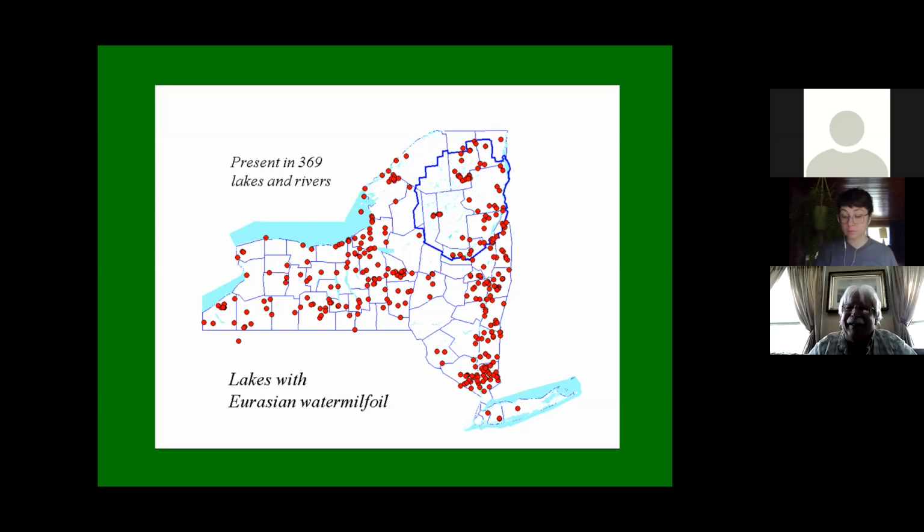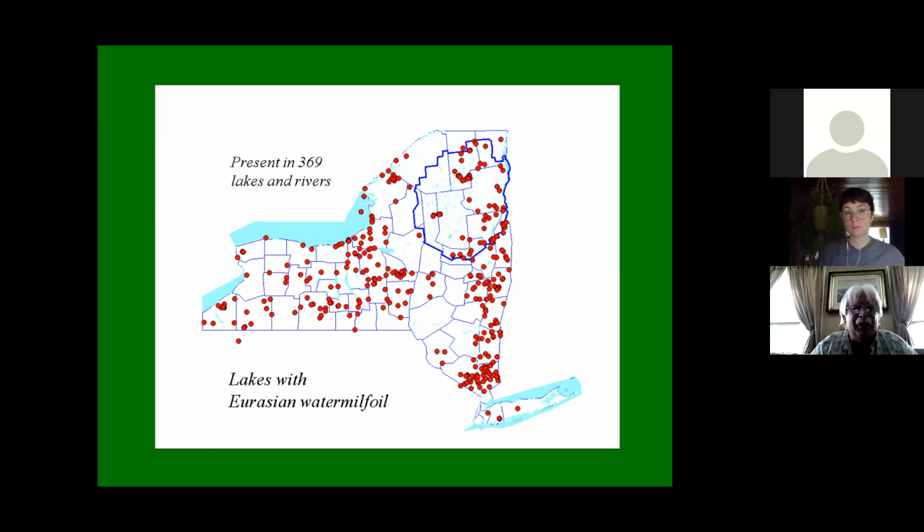To give you an idea of how extensive the distribution of this plant is, it's pretty much throughout New York State. But if we notice, it tends to cluster along our major transportation corridors. You kind of look north and south along the eastern side of the state where our major interstates are. But we also have a barge canal system that includes the Hudson River, the Champlain Barge Canal, and the Erie Canal, which is a perfect water route to move a lot of our invasives around.